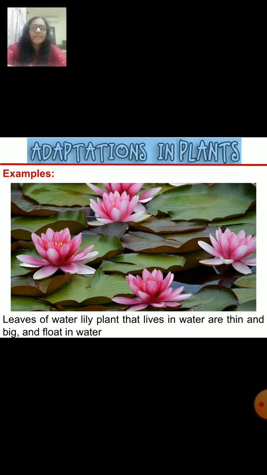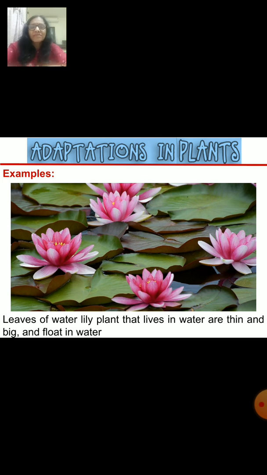They are big and thin so that they can float in water. Also there is a coating of wax on the leaf, so that they don't get soaked in the water. See the picture, by looking at it you can see the leaves are broad and big so that they can float on the water.